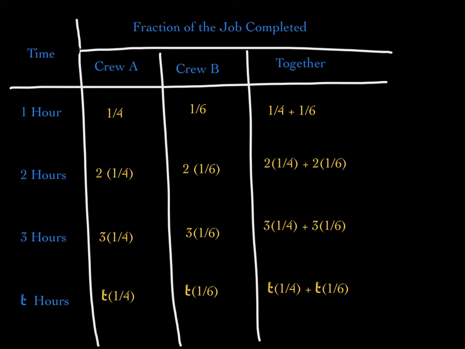Now keep this in mind. You can already see an expression being formed here. We want some number T, right? Remember they said find how long it would take when both crews are working together, right? How long would it take? So you and I are looking for T. We're looking for a number T such that the fraction of the job that is completed is 1.